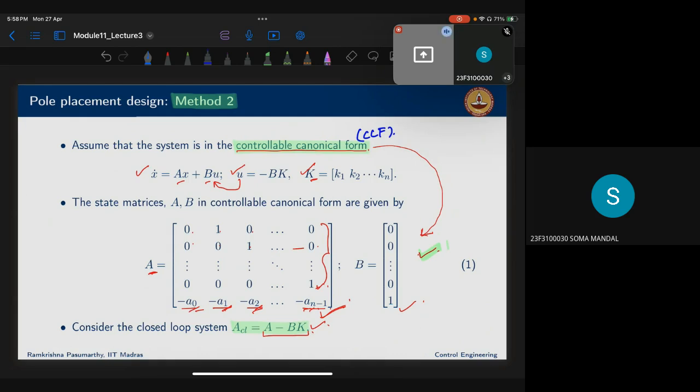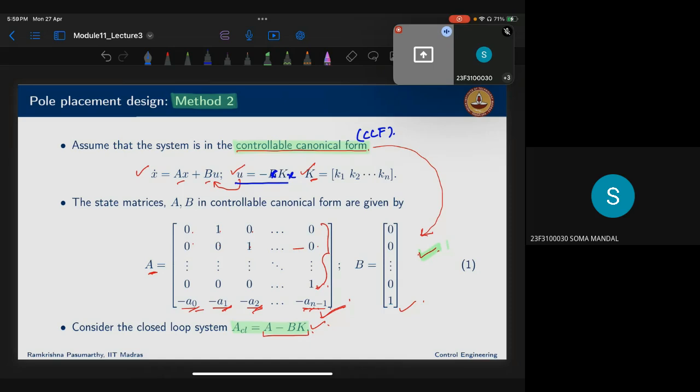You have x dot equal to Ax plus Bu, where the controller is u equal to minus Kx, and K is K1, K2, up to Kn.